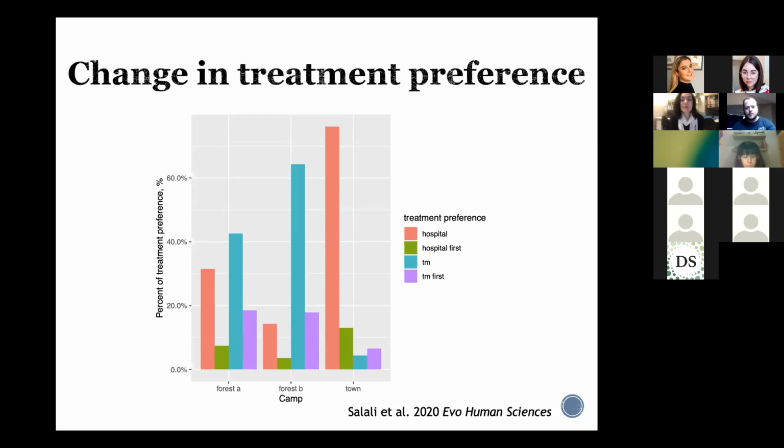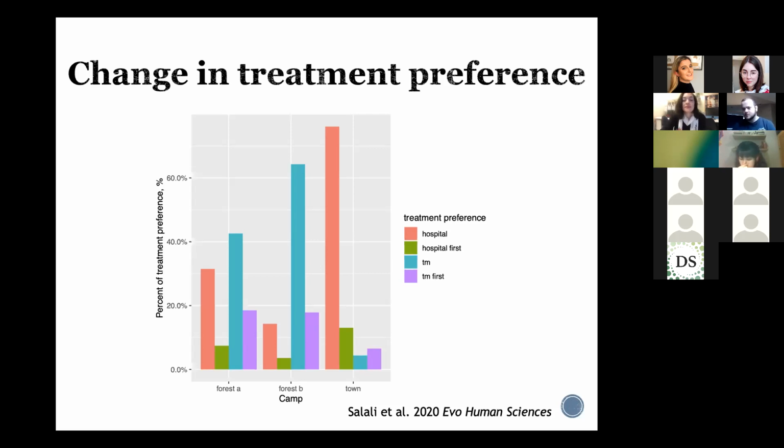So in 2018, we went back to the same camps where we collected the plant knowledge data, and we asked participants about their treatment preferences. We asked them whether they prefer going to hospital or using traditional treatment methods like using plants.